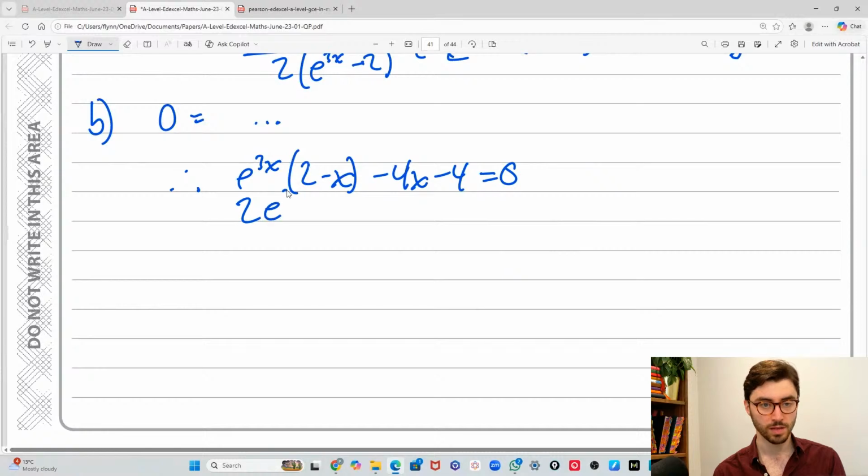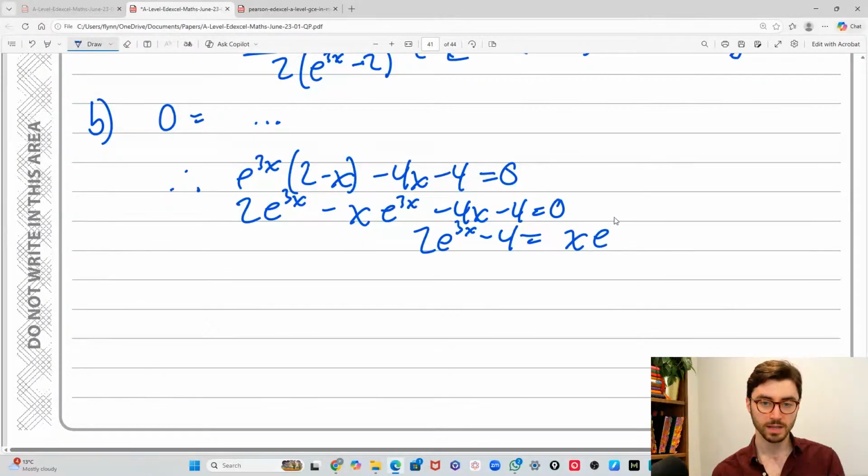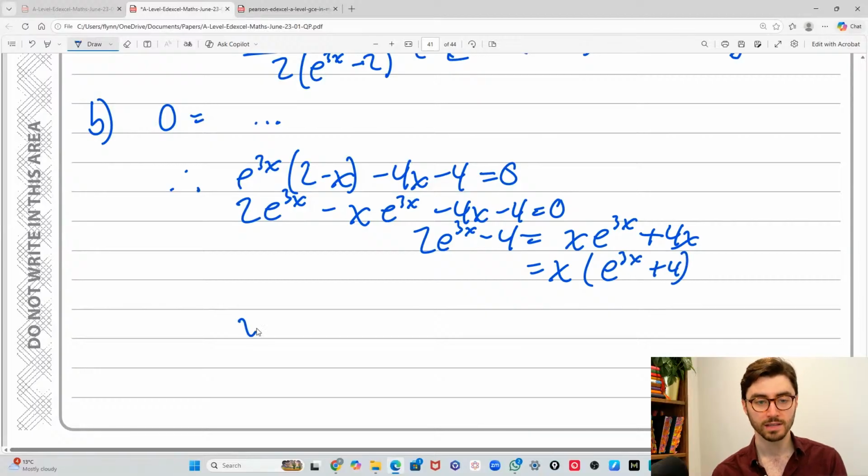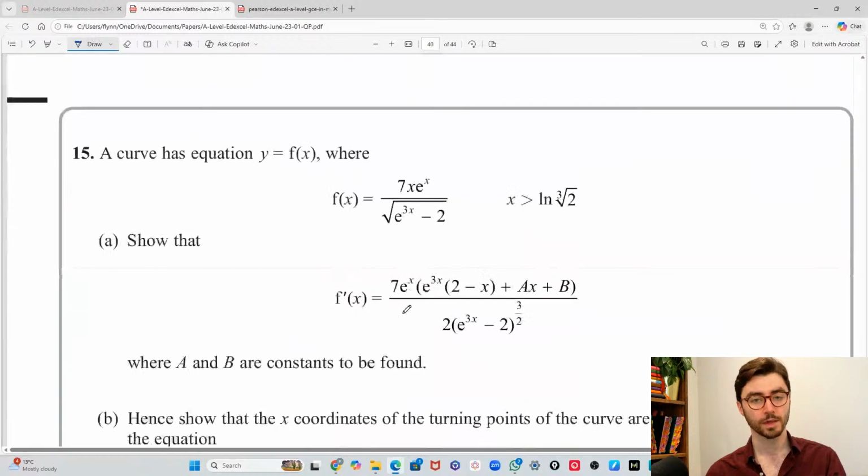So 2e to the 3x minus xe to the 3x minus 4x minus 4 equals 0. Let's move the x's to the other side: 2e to the 3x minus 4 is xe to the 3x plus 4x. So you can take an x out, e to the 3x plus 4, and we get that x is equal to 2e to the 3x minus 4 all over e to the 3x plus 4.